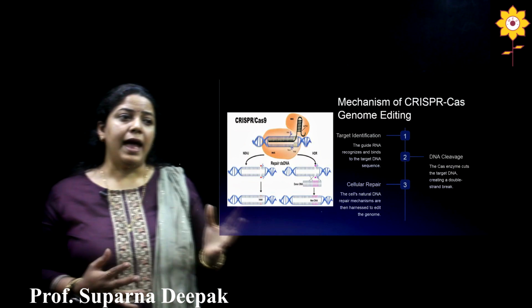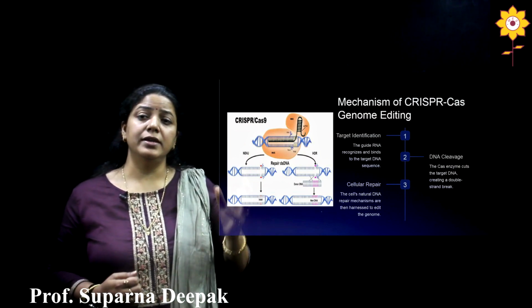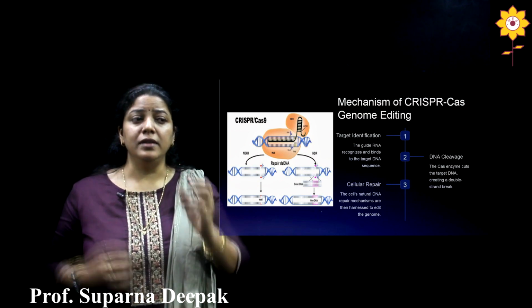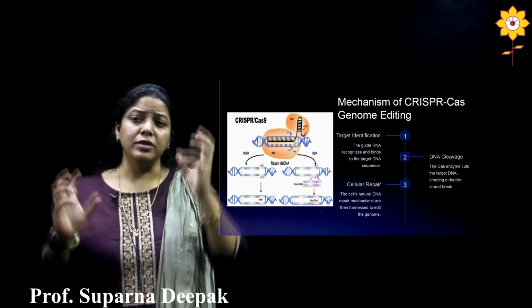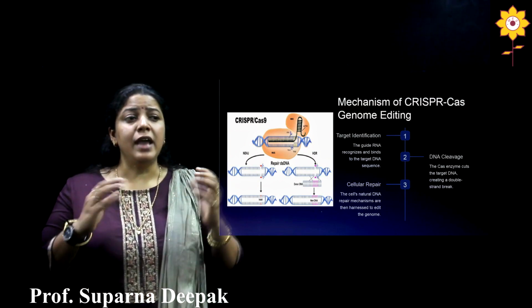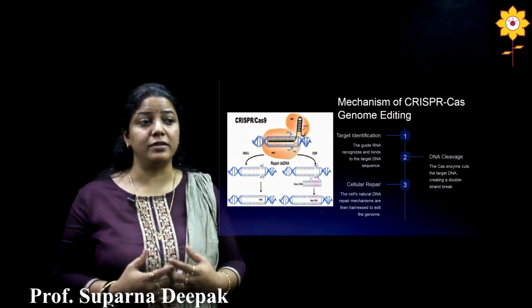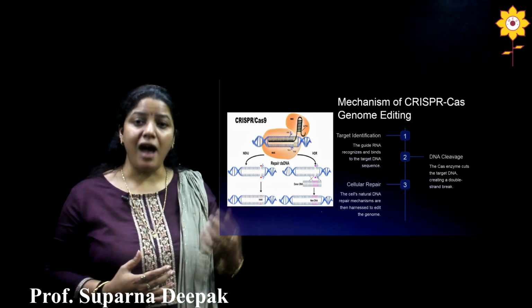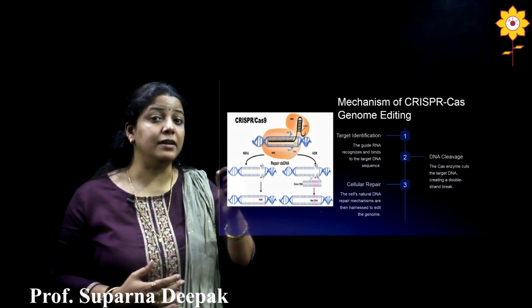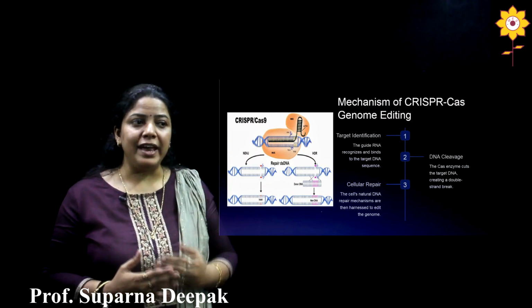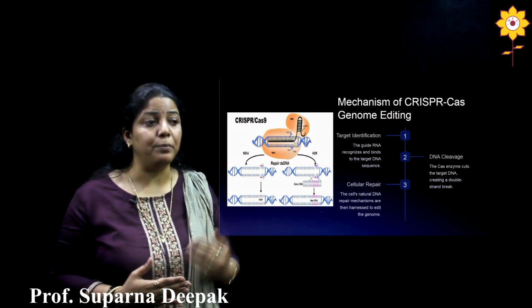As I had already said, in nature, the Cas9 protein has to combine together with the CRISPR RNA, which acts as the guide RNA for this Cas9 protein to create the double-stranded break.